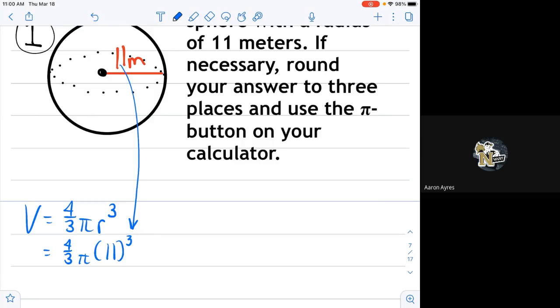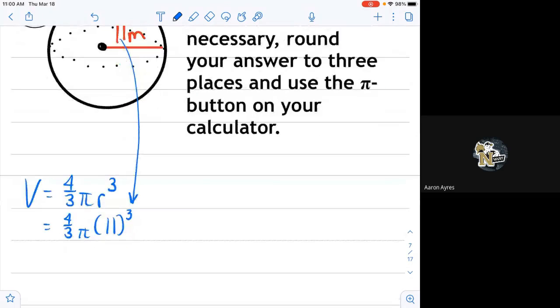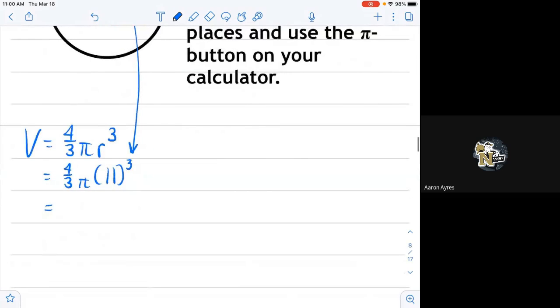How about that? Not bad for a year being removed, huh? Now here's how I'm going to write this so I can get the fraction set up. So you might want to convert this now. We're going to do 4 times pi times 1331, and I'm going to go ahead and divide that all by 3. Just like that. And that's how I'm going to break up the 4/3.